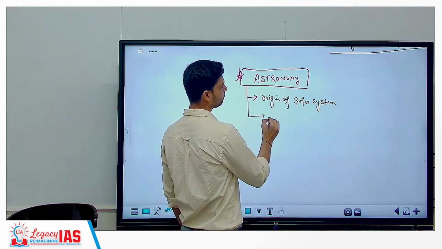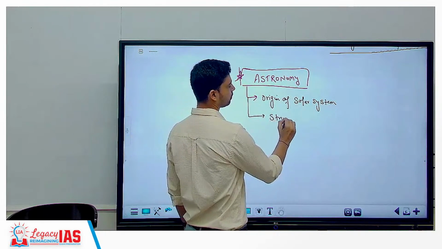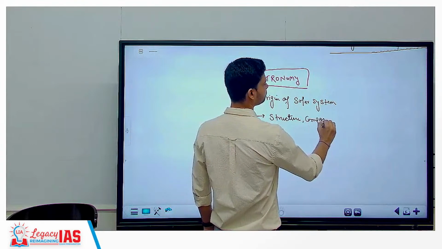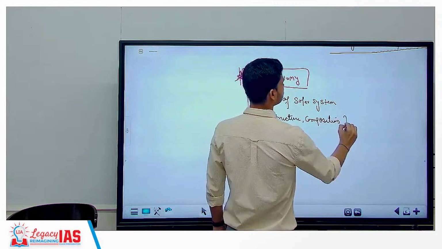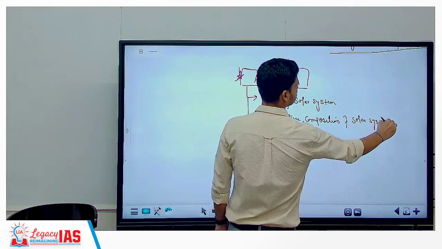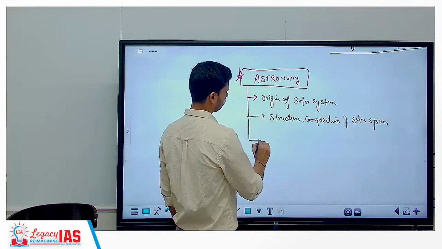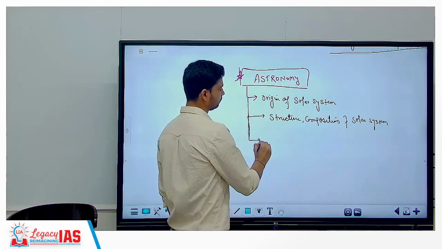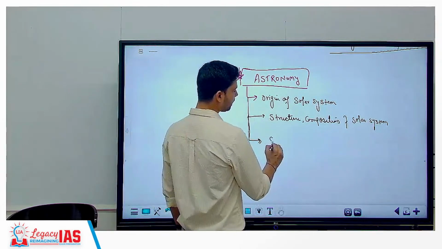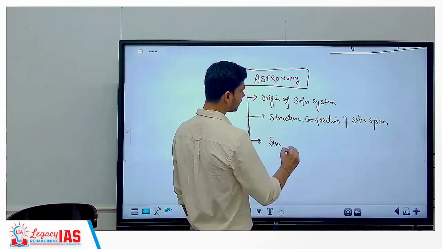Origin of the solar system, structure, composition of the solar system, then celestial bodies we have to discuss. About the sun we have to study in detail.